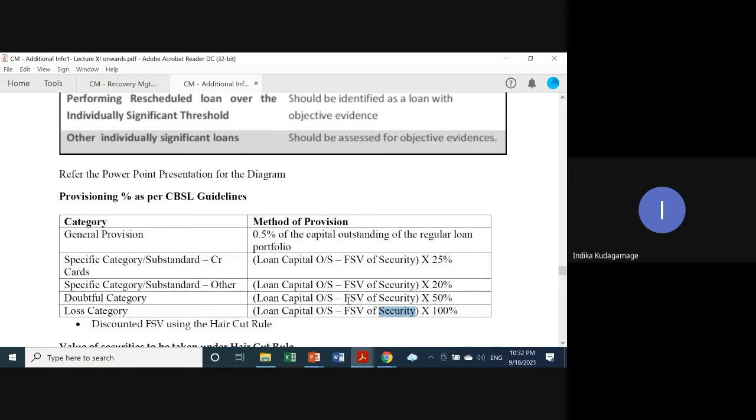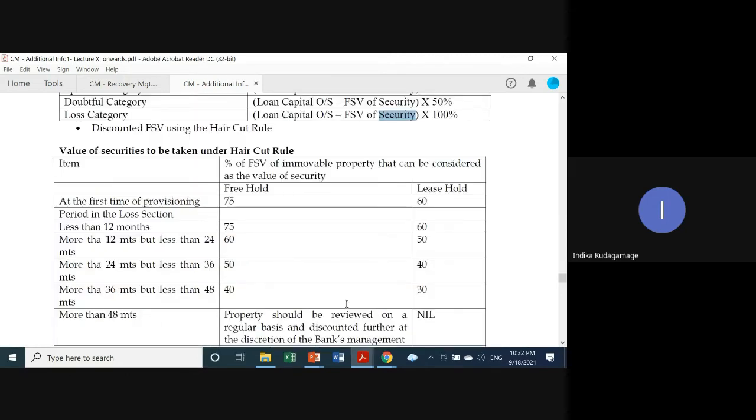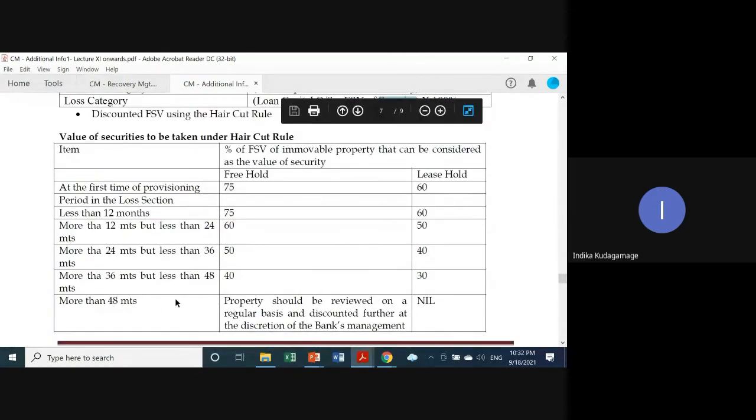This is the table we use to discount the FSV. Freehold, leasehold. Leasehold is where we don't own the land, we have leased it from the government. 33 years, 50 years, 99 years. These are the three slabs we have.